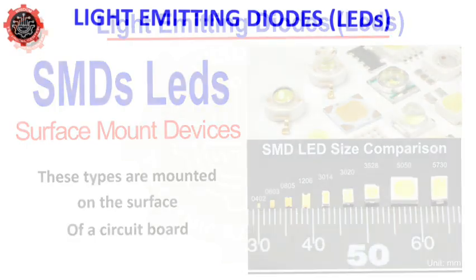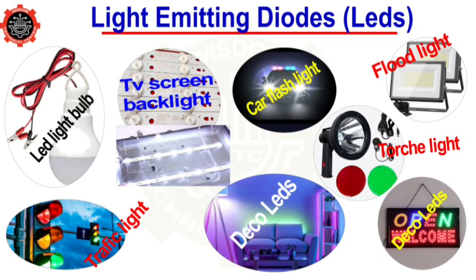For example, we go usually find SMDs used in our light bulbs, our TV screen backlight, often used for modern car flashes, or used for our torches and flood light. That's the LED road projectors, traffic light, and decorations, and so on.